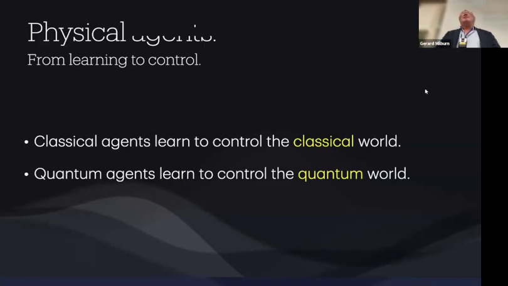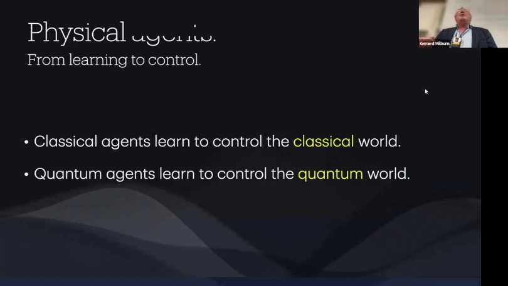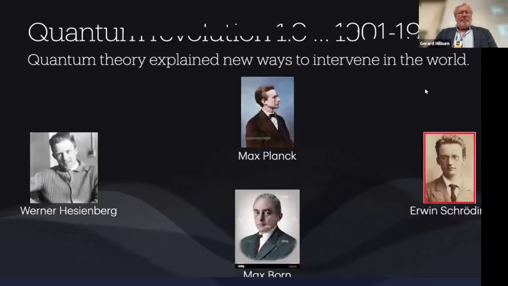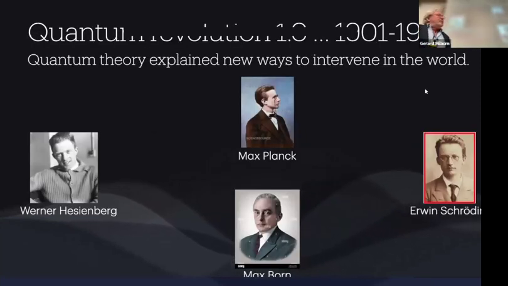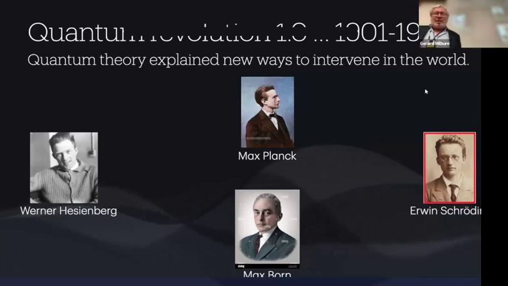Nonetheless, we as classical agents, learning agents, have learned something about the quantum world by pushing on it and watching what happens, and then backing out the correlations between what signals we send into the experiment and what signals we get back. So the quantum world was discovered at the beginning of the last century. Here's some of the famous names associated with its discovery: Heisenberg, Planck, Schrödinger, and Max Born.